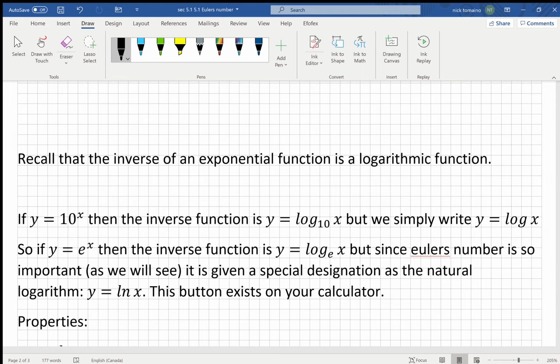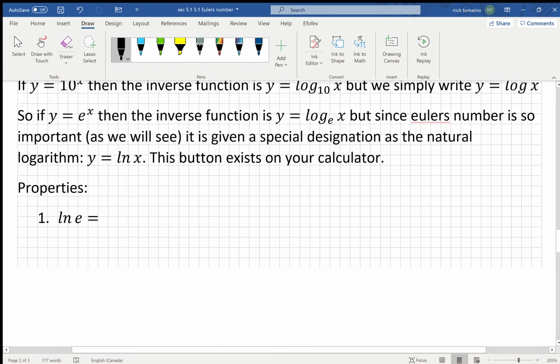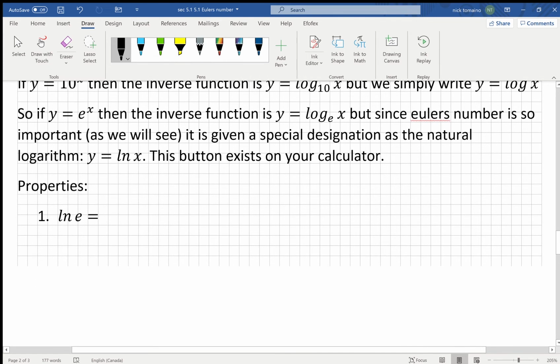And this button exists on your calculator. On my calculator, it is above the 2 key. All right, so here are the properties. So ln e, remember what that is. That's the same thing as saying log base e of e, and that's just equal to 1. We don't ever write it that way though, we just write ln.